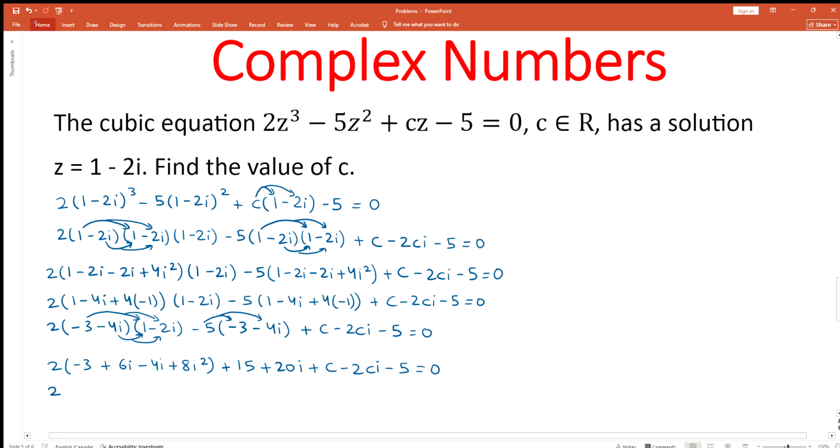Next, we can combine like terms in the parentheses. 6i minus 4i is equal to 2i. We can replace i squared with negative 1. Next, we can combine like terms. 15 and negative 5 are like terms. I get 10.